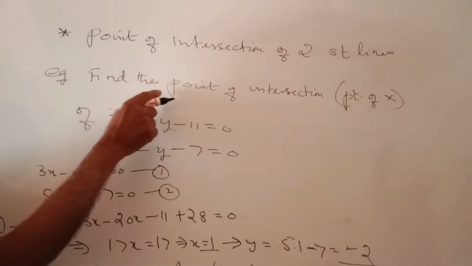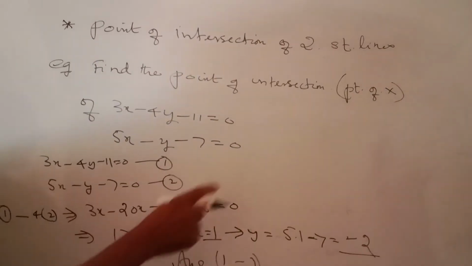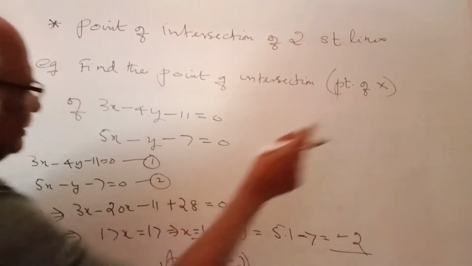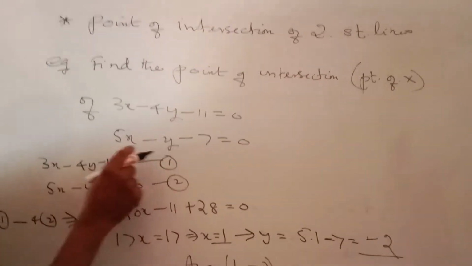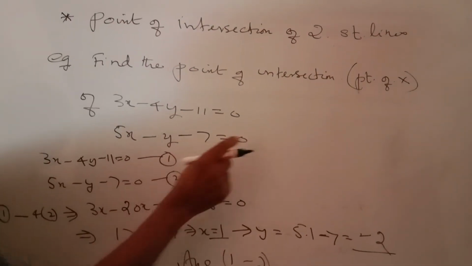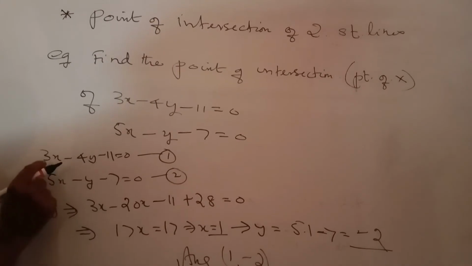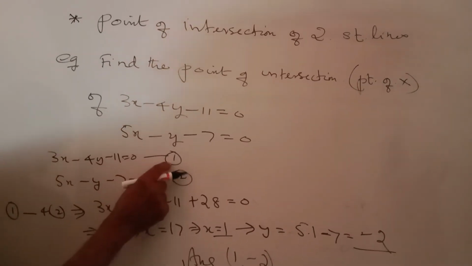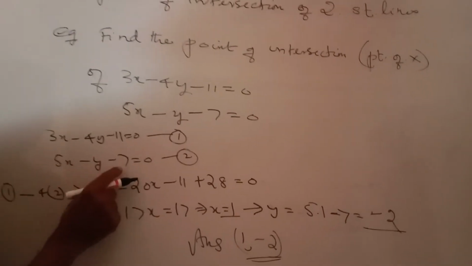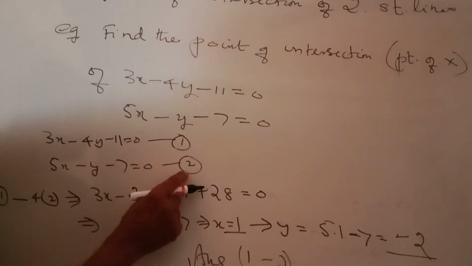Now we find the point of intersection of 3x minus 4y minus 11 equal to 0 and 5x minus y minus 7 equal to 0. So we take 3x minus 4y minus 11 equal to 0, equation number 1, and 5x minus y minus 7 equal to 0, equation number 2.